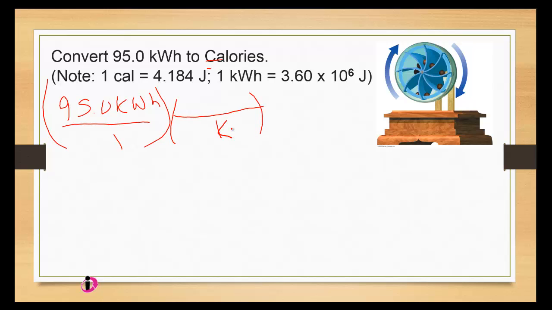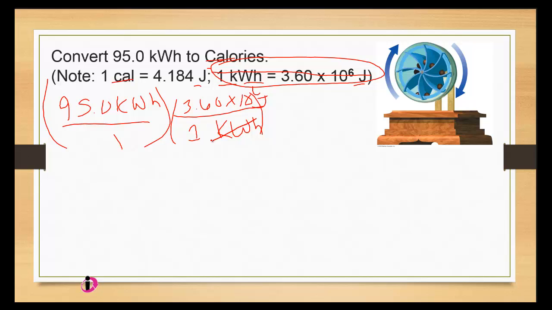If I look at our conversion factors, there's only one conversion factor that contains kilowatt hours, and that's the one on the right. So for every 1 kilowatt hour, there are 3.60 times 10 to the 6th joules. I'm going to cross this out so I don't get confused by it.